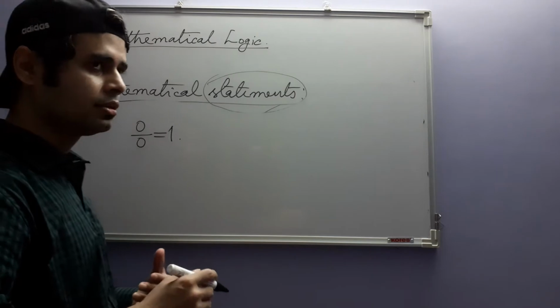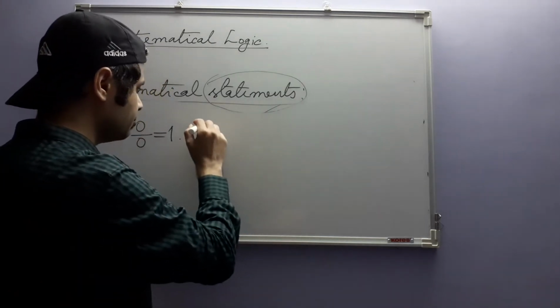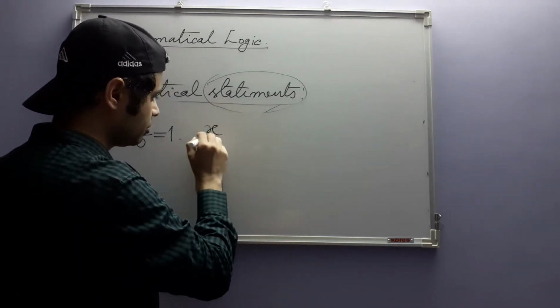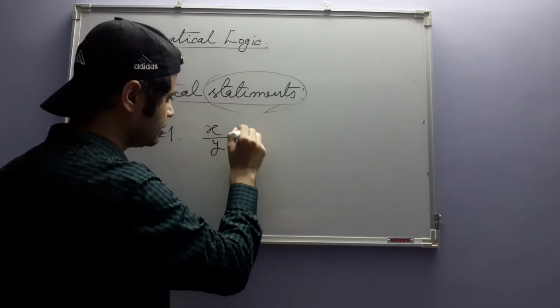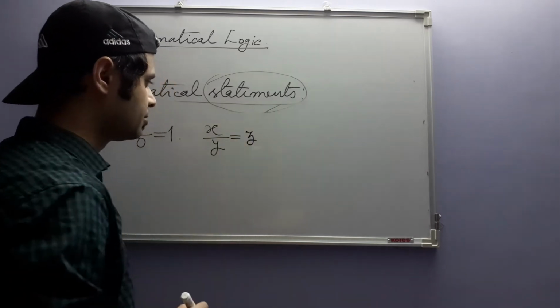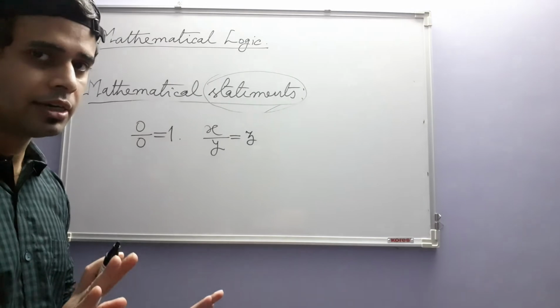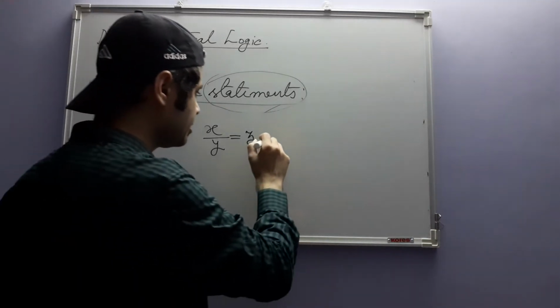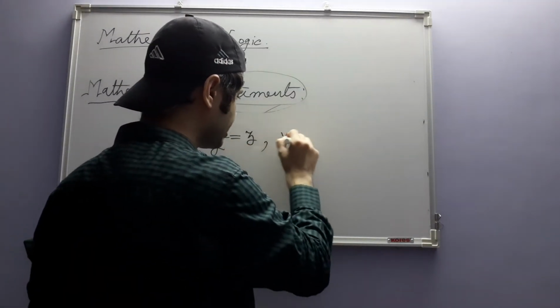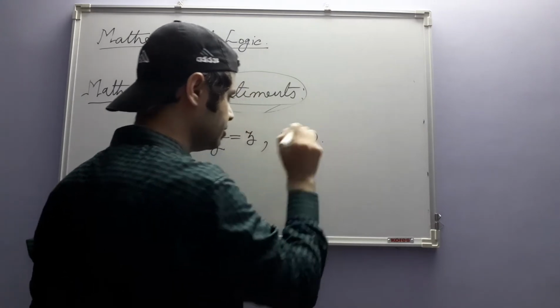Now, if it contains some variable, for example, x divided by y is equal to z, this will not be a well-defined statement unless you also mention that y is not equal to 0.